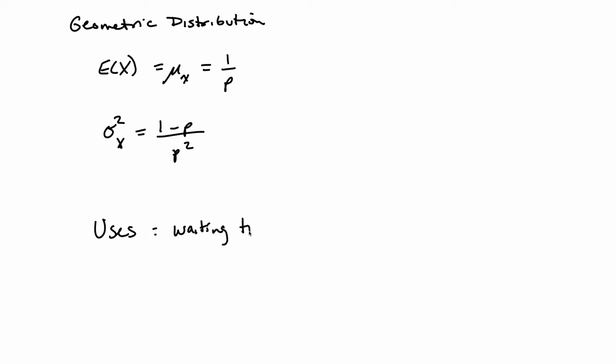If you know that the probability of an event is p, the geometric distribution models how long it takes before you get the first success. So if your annual probability of being eaten by a lion or having a baby is constant, then the time until you die or the time until you have your first kid is going to be geometrically distributed.